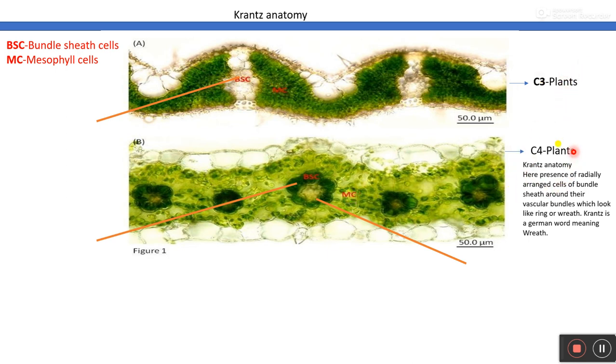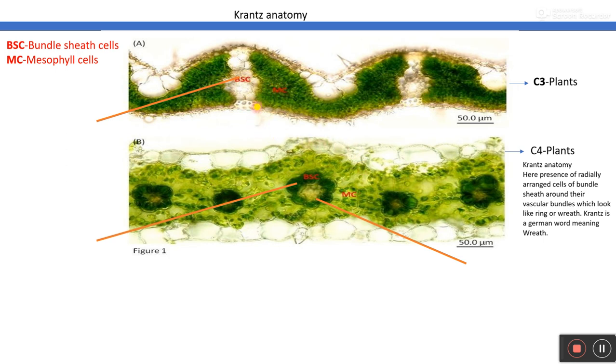The first important difference is that in C3 plants, the bundle sheath cells are not compactly covered by mesophyll cells. You can see a gap is present here. But in C4 plants, the bundle sheath cells are compactly enclosed by mesophyll cells.